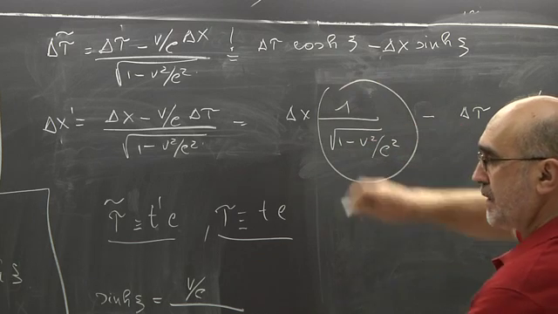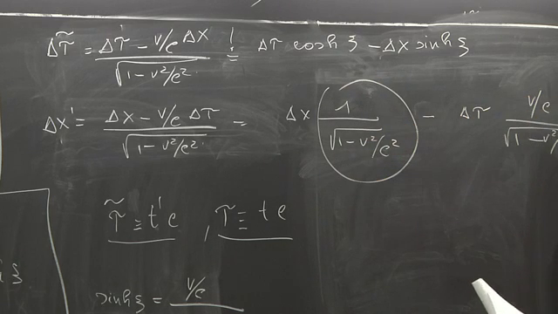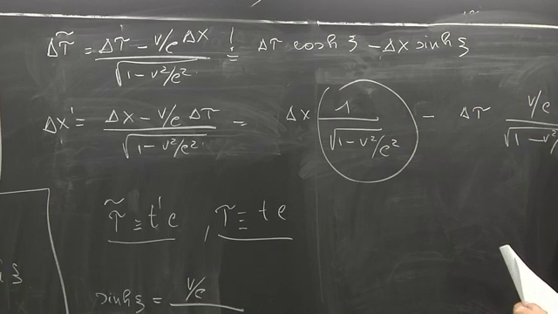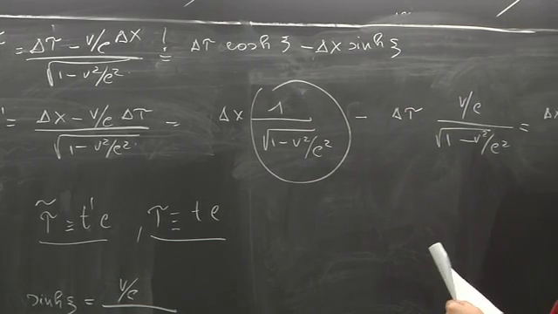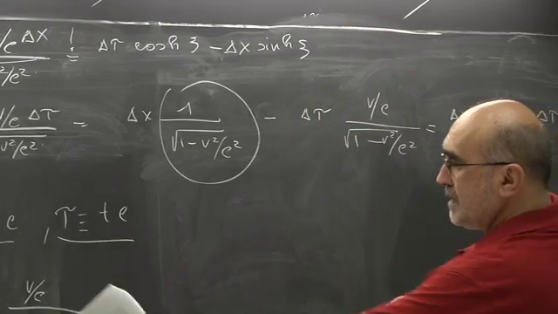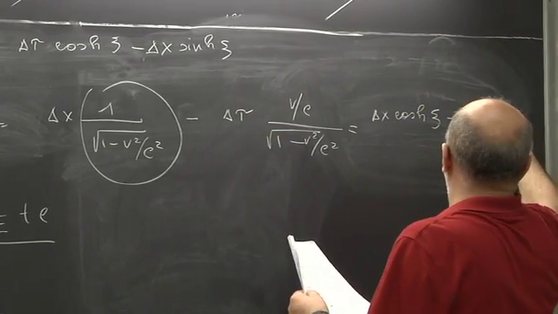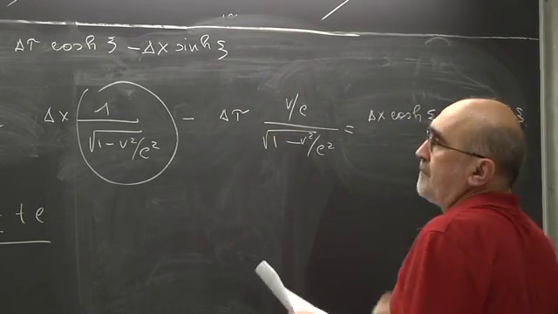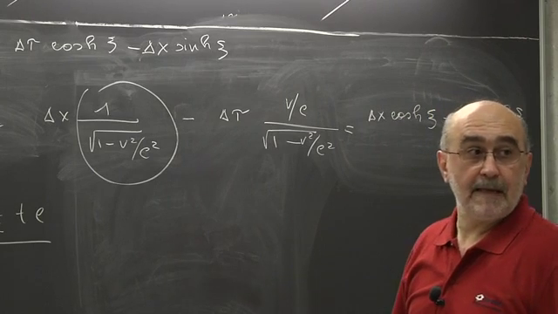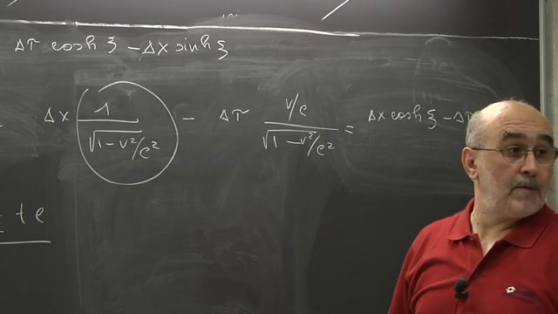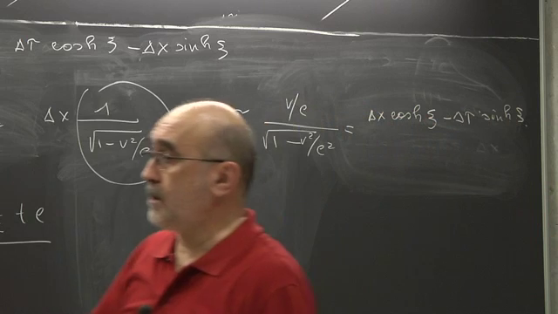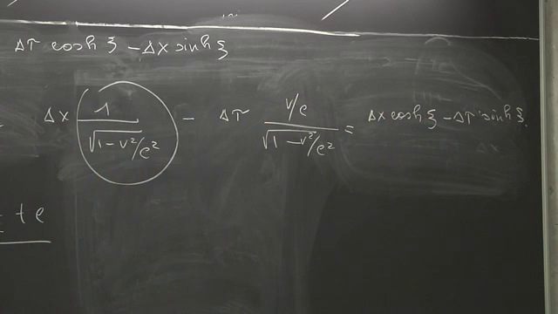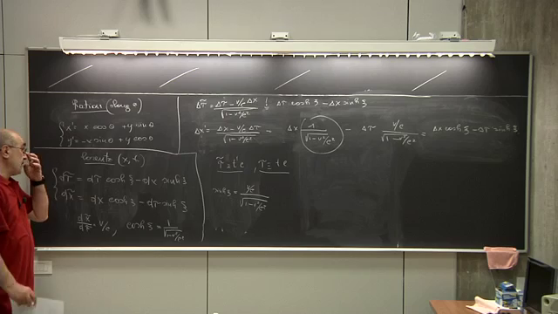This was the cosine hyperbolic, so we get delta x cosine hyperbolic of psi minus delta tau, and here we have the sine hyperbolic. Okay, so done. That means we have proved what the homework wanted, which was the difficulty here.